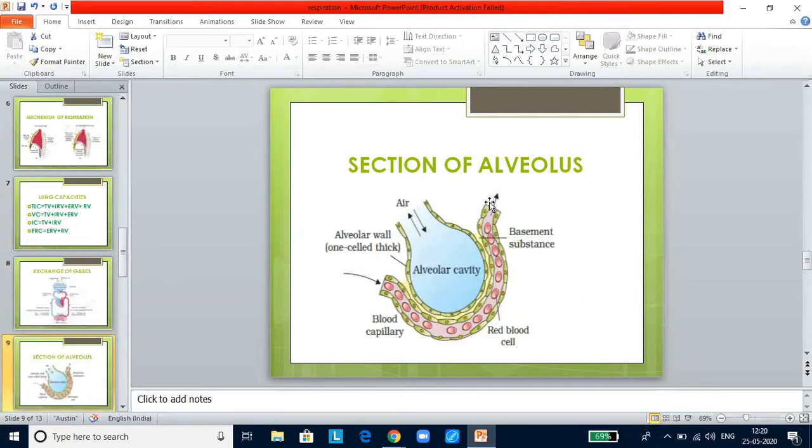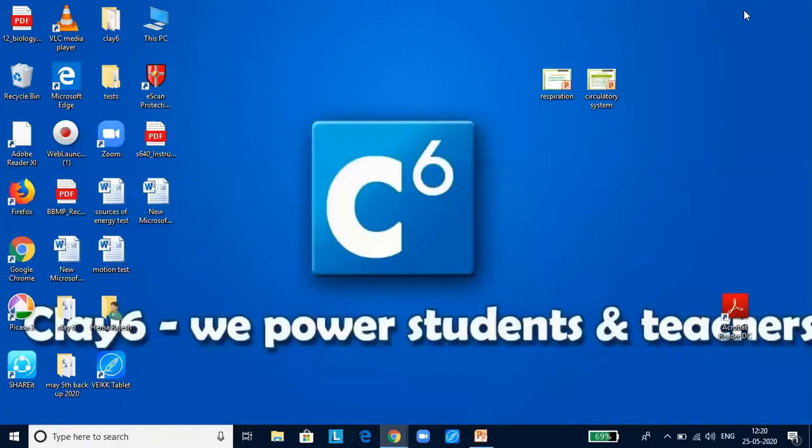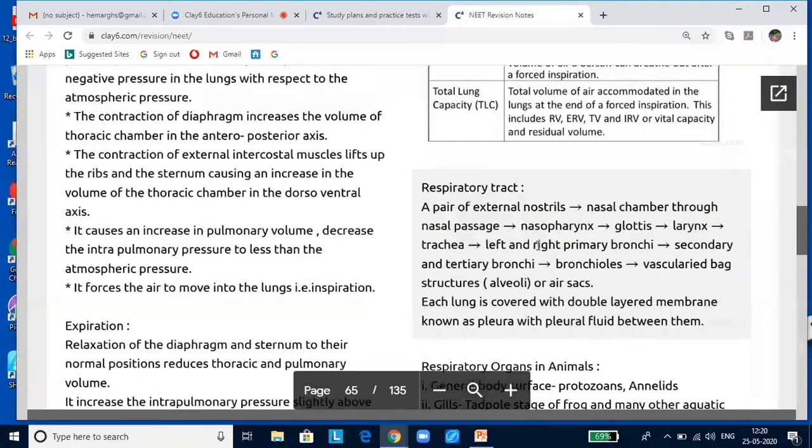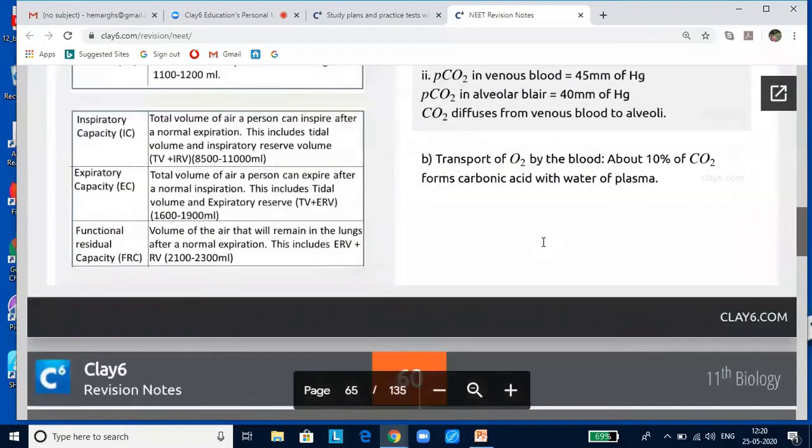All these factors are favorable for diffusion of oxygen from alveoli to tissues and that of carbon dioxide from tissues to alveoli.